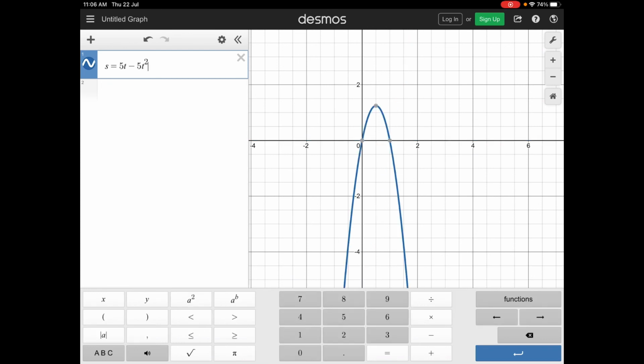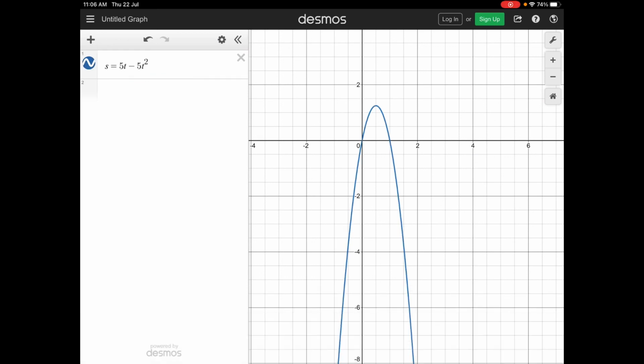There's my displacement time function. Having a look at this graph, it sort of makes sense. We throw the ball up, its displacement goes from 0 to some height above the ground, which would actually just be the maximum, the turning point, which I can isolate. There we go. This ball would go to a height of 1.25 meters at its maximum, and then fall back down to the ground, and it would hit the ground again after 1 second.